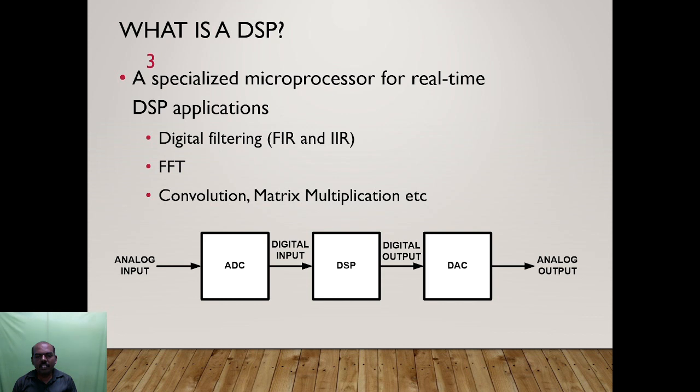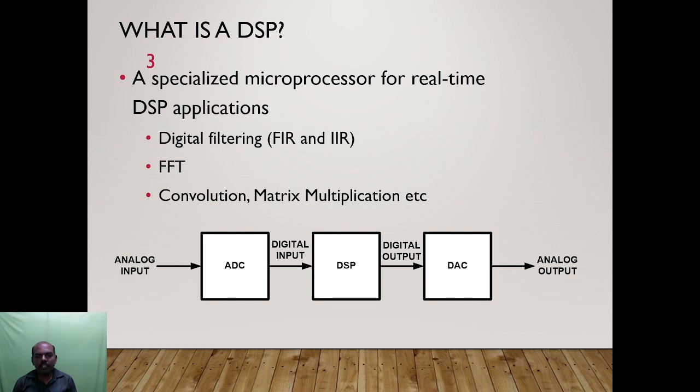In most DSP systems, we have three blocks available. First one, analog to digital converter. Second one, digital signal processor. Third one, digital to analog converter. ADC is nothing but analog to digital converter. It gets input in the form of analog and it will produce a digital output signal.